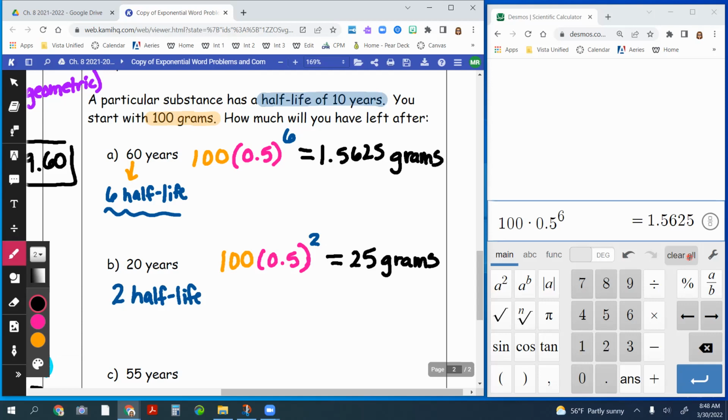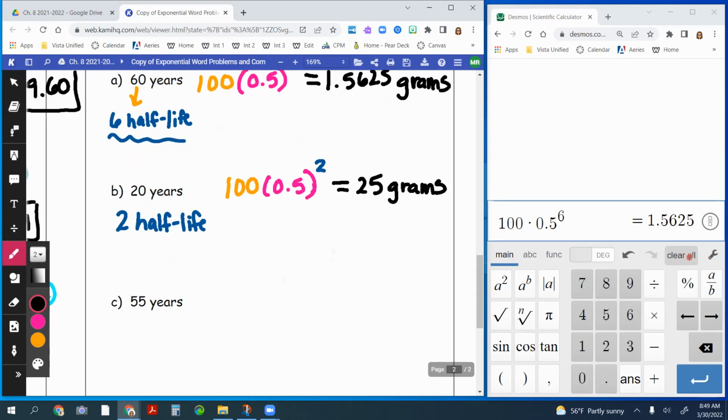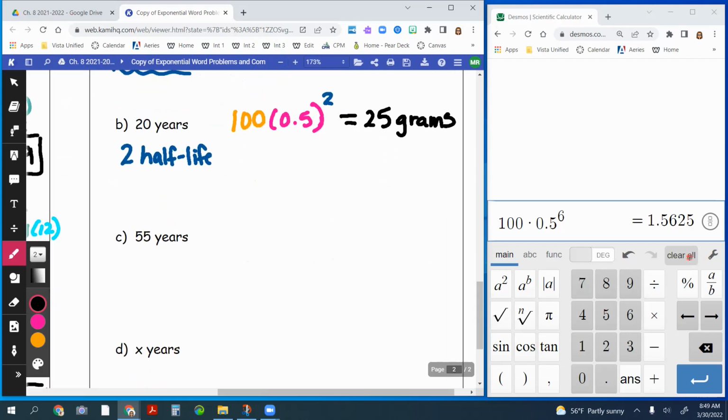Now those ones are nice because you can think about every 10 years, because these are 10, 20, 30, 40, 50, 60. Now, what about one that's not quite like that? So if it's 55, you have more than 5, but less than 6. So really, what are we doing? We're taking 55 and we're dividing it by how long a half-life is. And that's going to give us 5.5 for our half-lives. Okay.